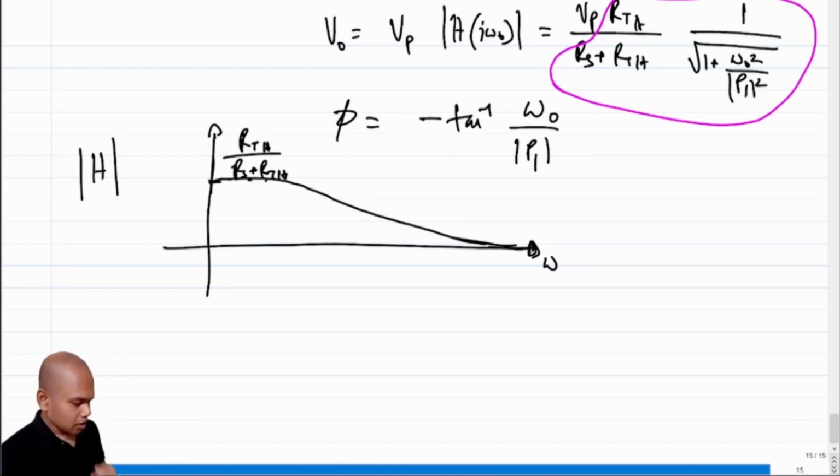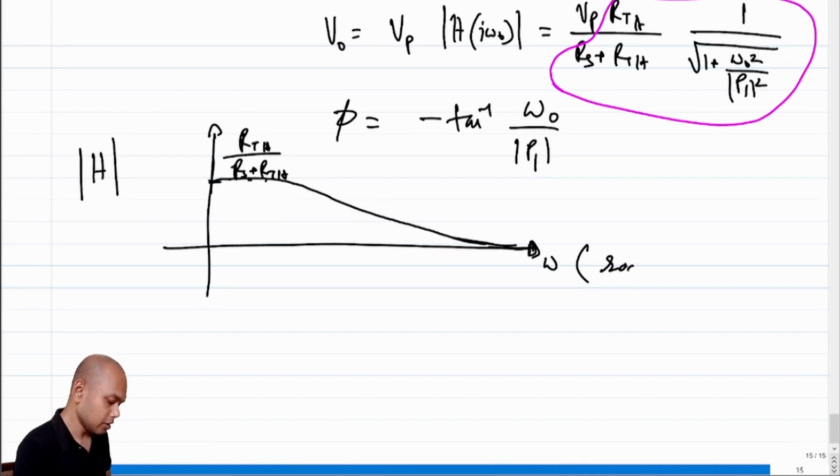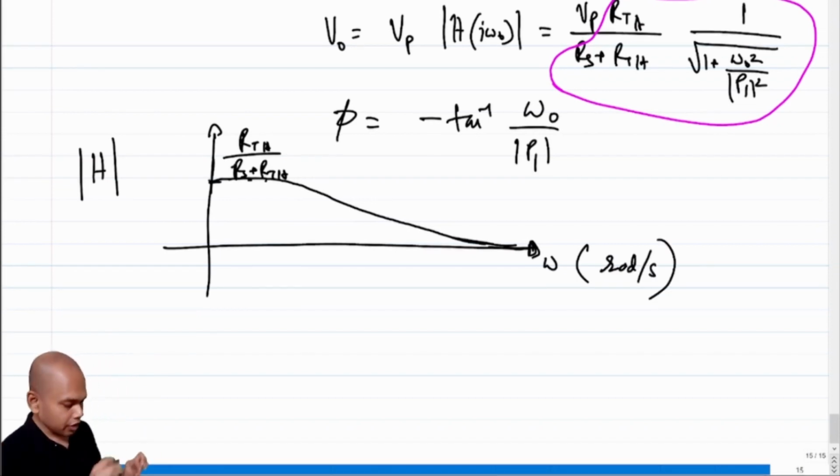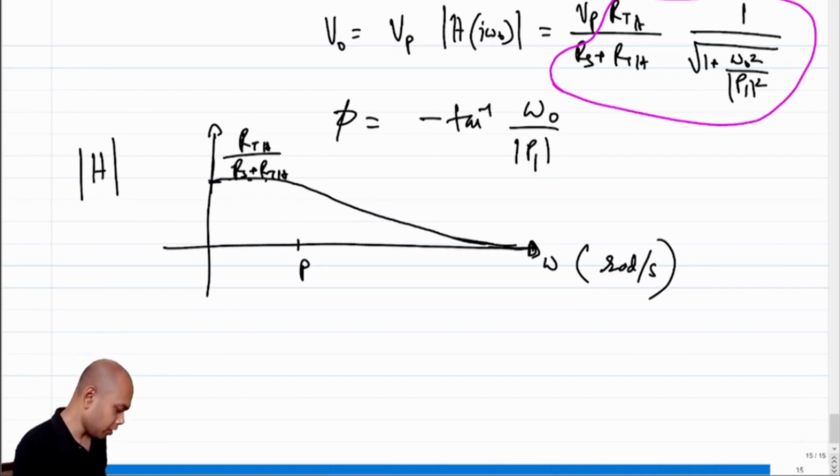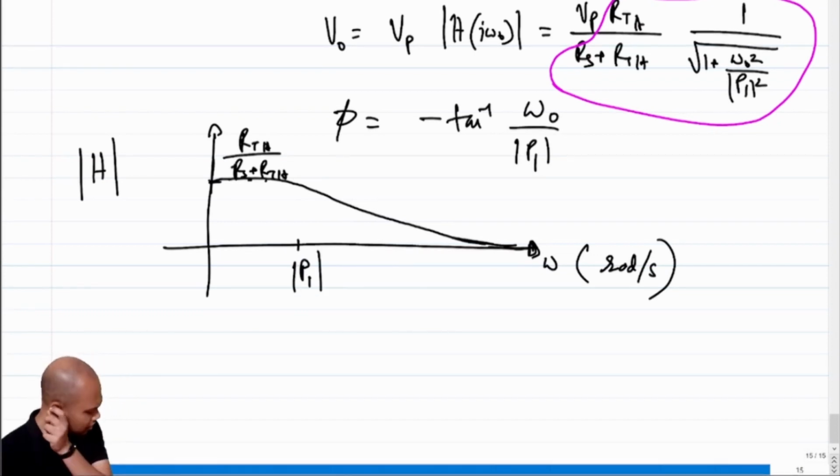Okay, that's all good. But if I locate this pole location P1 on this frequency axis, by the way, note that this is frequency in radian per second, not hertz. So if we denote a frequency of mod P1 here, what happens when omega naught is equal to P1?